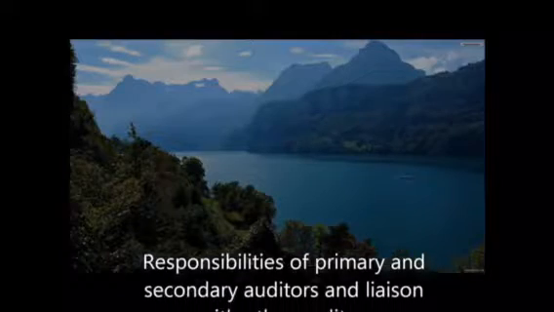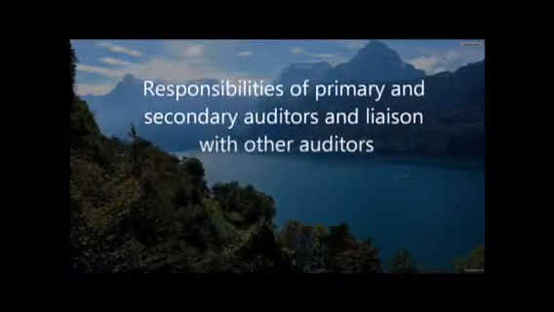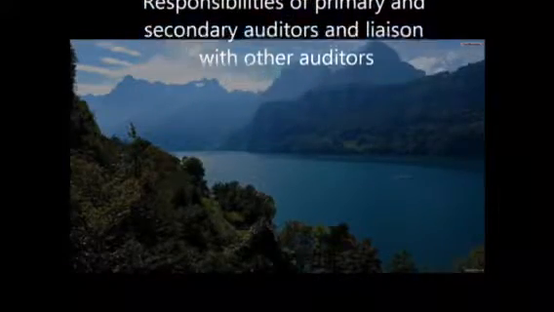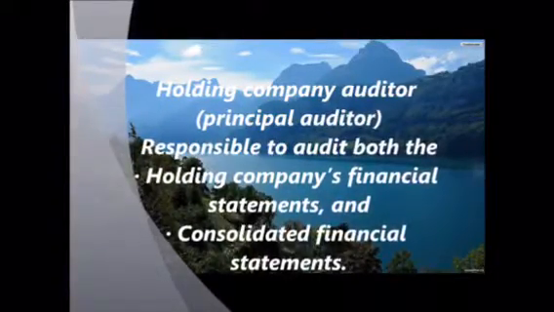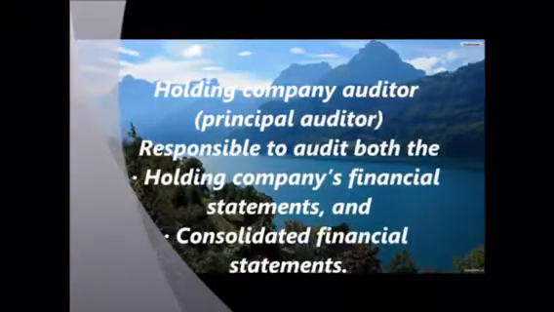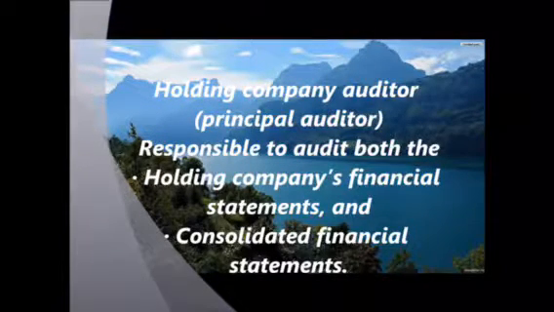And now we look at the responsibility of primary and secondary auditors in liaison with other auditors. Holding company auditors or principal auditors are responsible to audit both the holding company's financial statements and the consolidated financial statements.